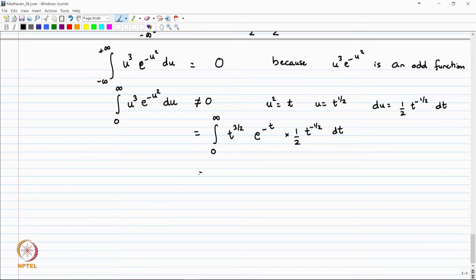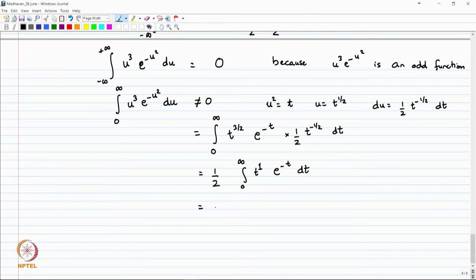So, what I will get is 1 by 2 into integral 0 to infinity t raised to 1. So, 3 by 2 minus half is 1, so t raised to 1 e raised to minus t dt.